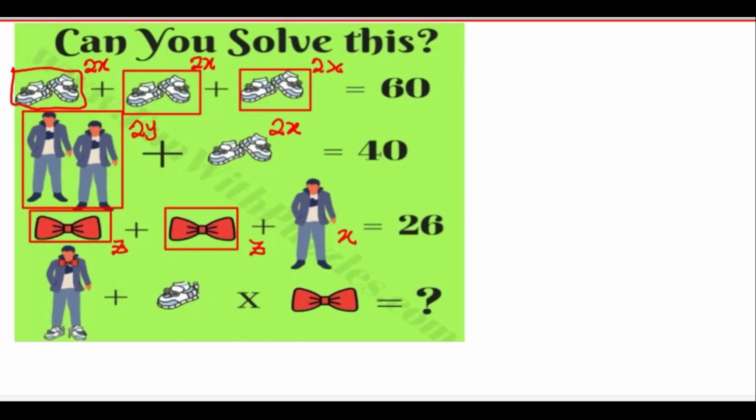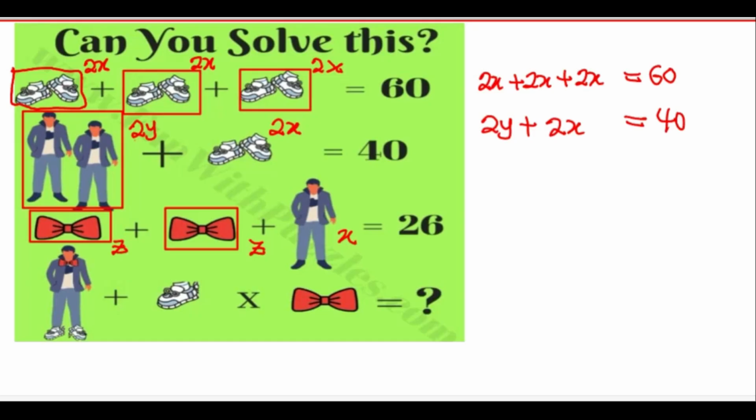So here we have 2x plus 2x plus 2x equals 60. Then we have the men, which is 2y, plus 2x equals 40.